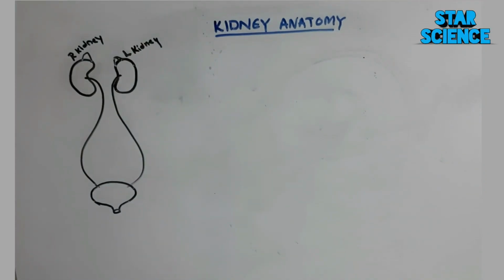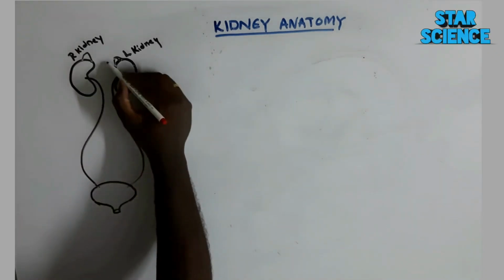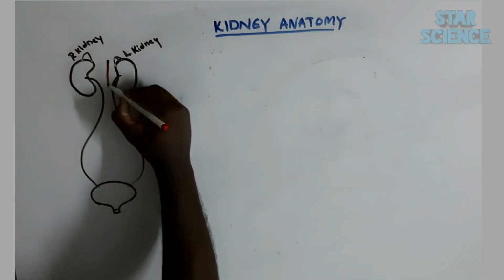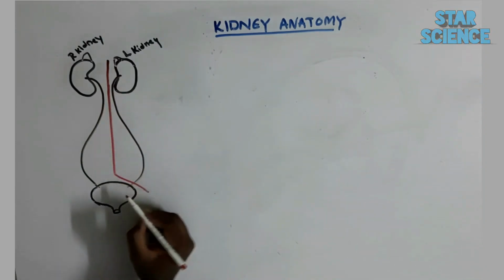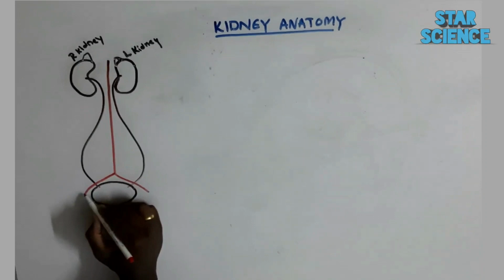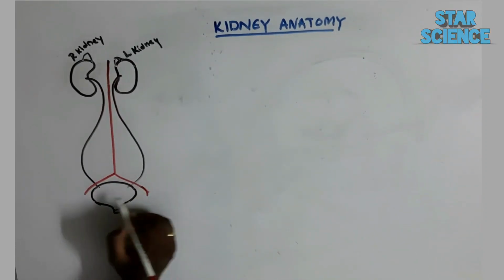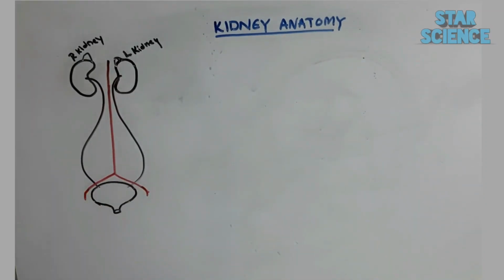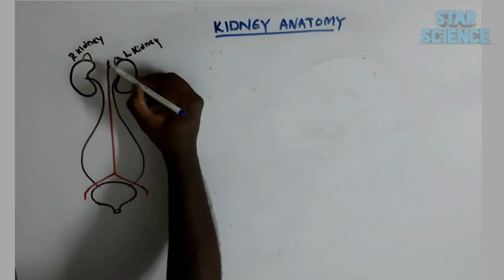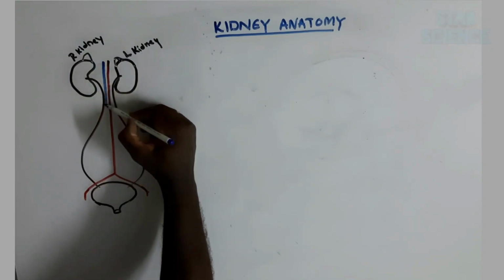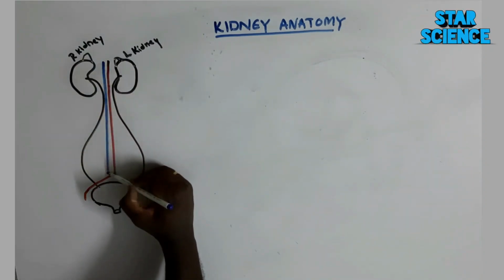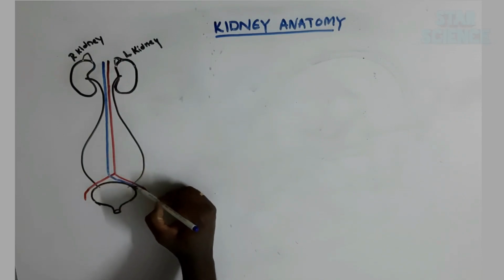Medially it has the hilum of the kidney, and below, in the middle or medially, the ureter. Posteriorly it is related to the diaphragm and the 12th rib, and anteriorly the duodenum and the right lobe of the liver.